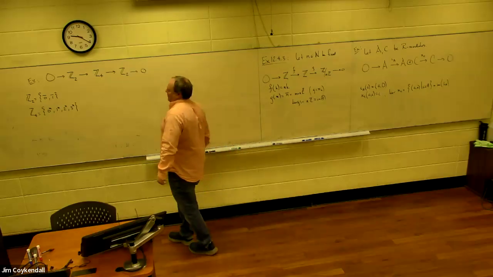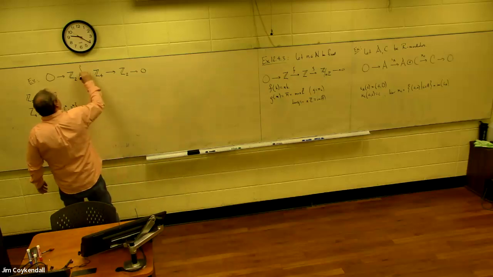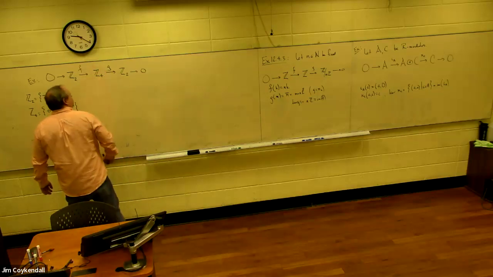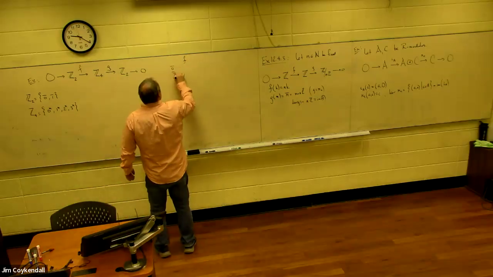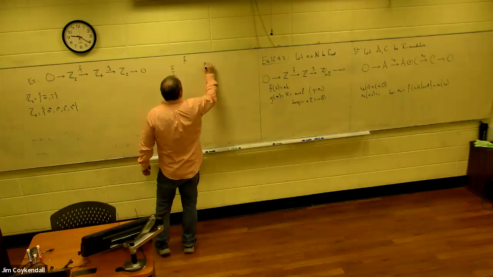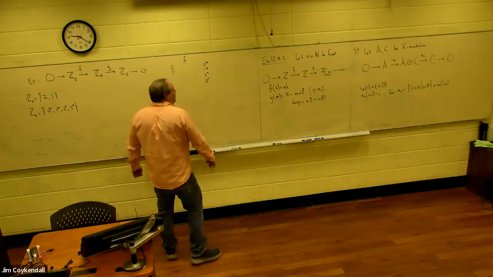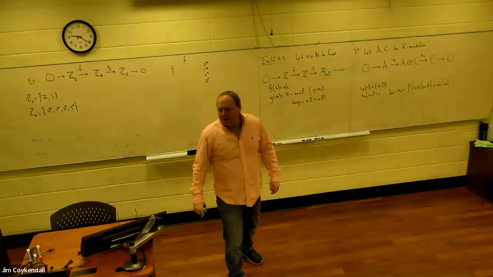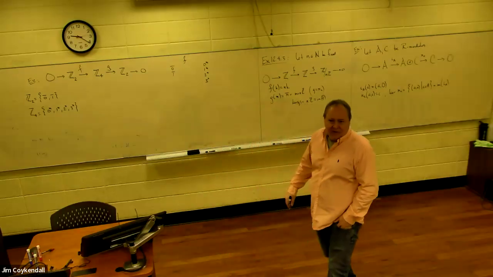Now, let me call these F and G. This is kind of helpful because there's only one one-to-one map from my Z2 to Z4.